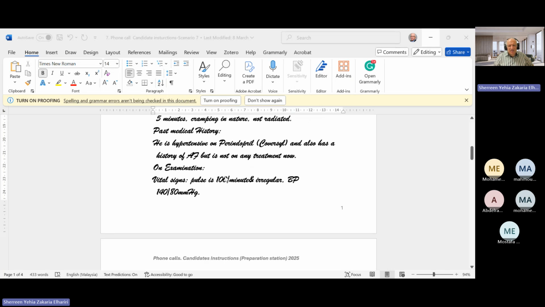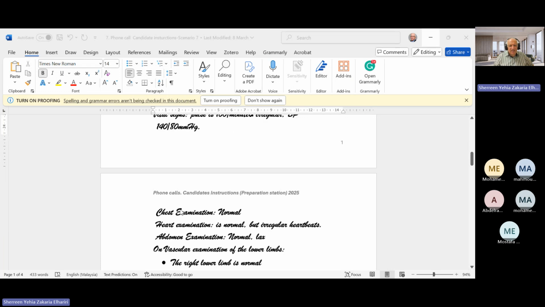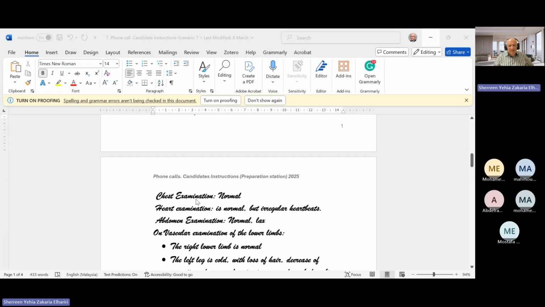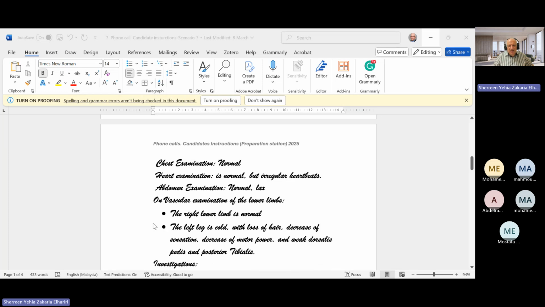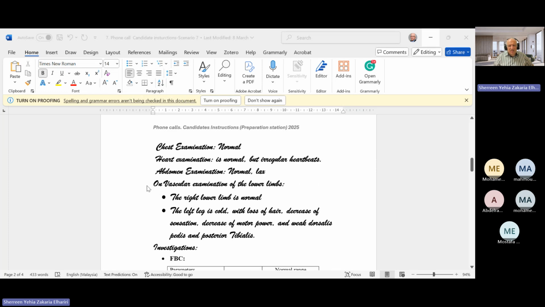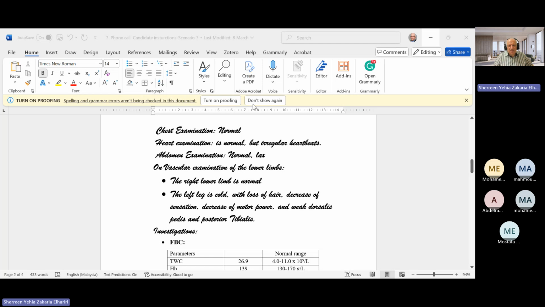On examination, vital signs: pulse 100 irregular, blood pressure 140/80, chest normal, heart normal but irregular heartbeat, abdomen is lax. Vascular examination done: right lower limb is normal, left is cold, loss of hair, decrease in sensation, decrease in motor power, weak dorsalis pedis and posterior tibial pulsation.